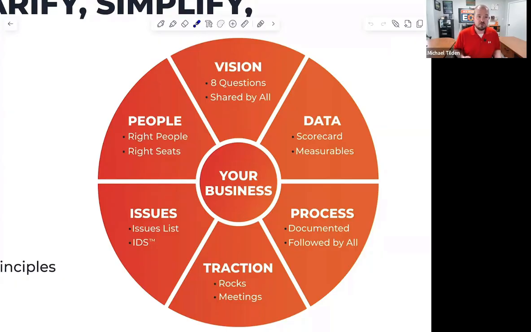And so the first thing that we're going to do once we know what those core processes are is we're going to help you document them. And we're going to document them in a very specific entrepreneurial method. We call this the 20/80 approach, meaning we're going to document 20% of the steps of any process to get you 80% of the way done. There's no 100% of the steps to get 100% of the way done in an entrepreneurial company.